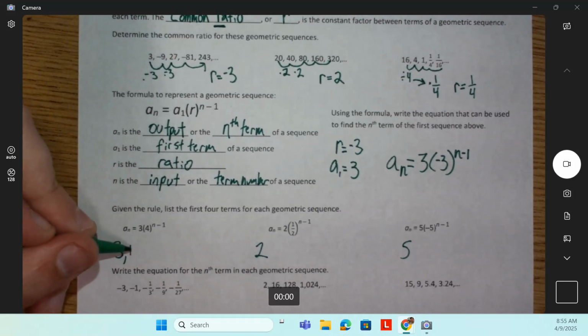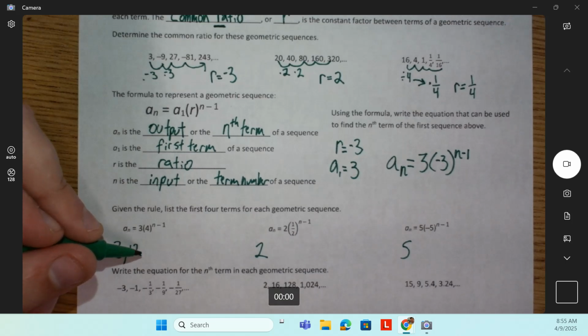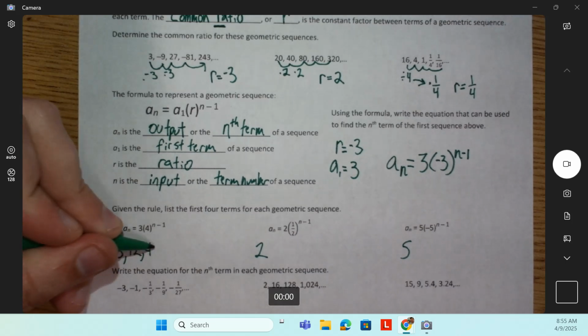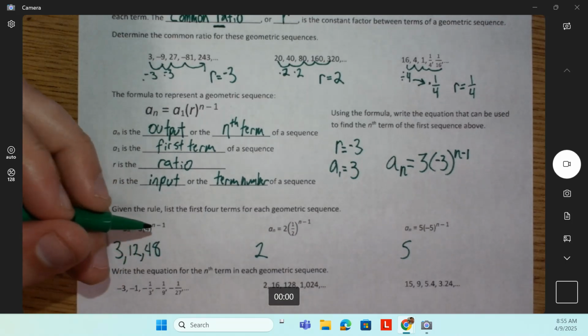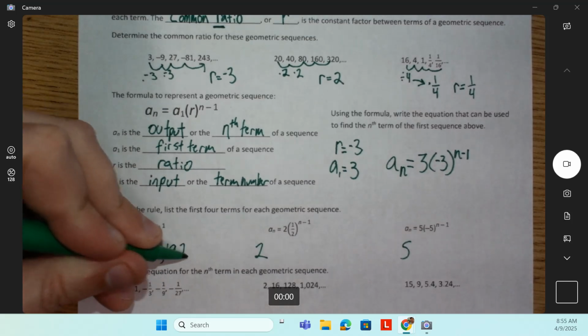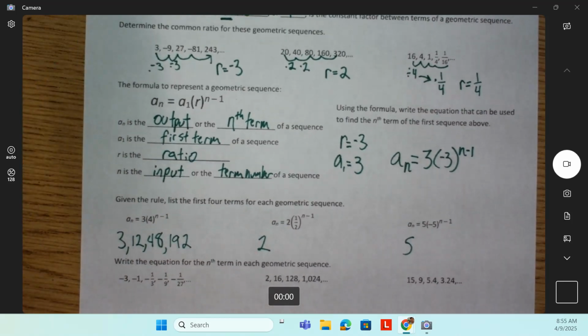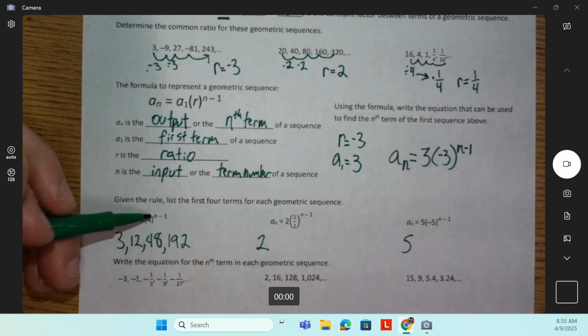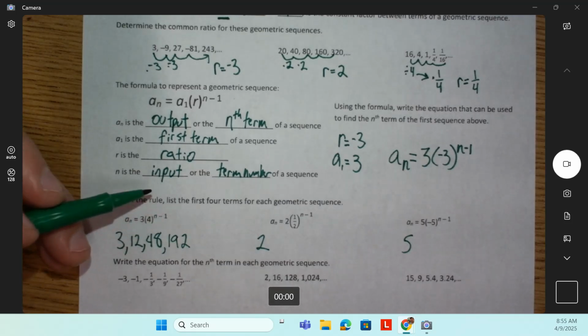So 3 times 4 is 12. 12 times 4, 48. And then we get up to 48 times 4. Could work that out, but it's 192. So again, just multiplying by 4 each time, because each time I raise that power up, it's multiplying by another 4.